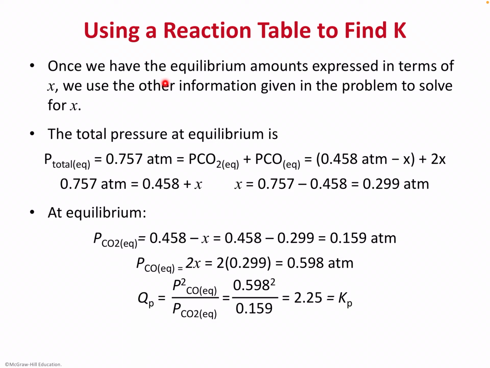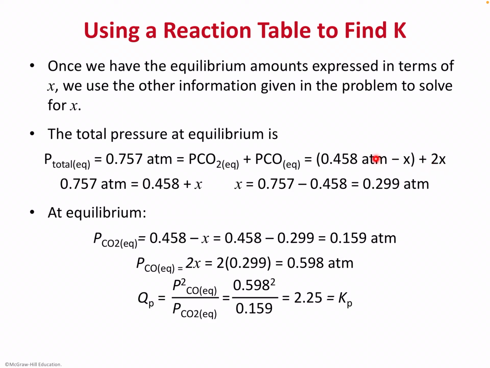Once we have the equilibrium amounts expressed in terms of x, we use the other information given in the problem to solve for x. The total pressure at equilibrium is given as 0.757, which is the combination of the partial pressure of carbon dioxide and the partial pressure of carbon monoxide. Carbon dioxide is 0.458 minus x, carbon monoxide is 2x.